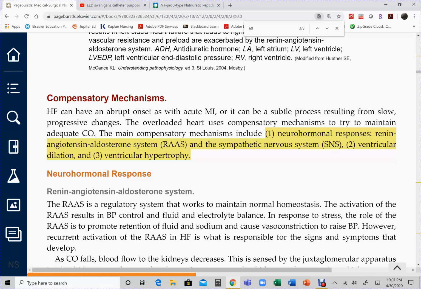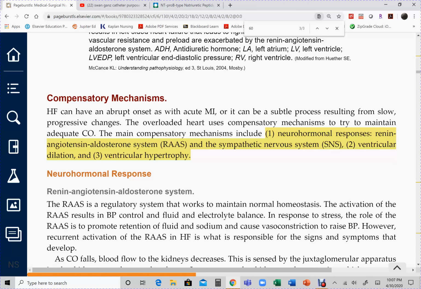This is automatic. There doesn't have to be a long pause or a long time before the compensatory mechanisms kick in. So the moment the kidneys sense low circulating blood volume, or the baroreceptors in the kidneys sense that blood pressure is low, this will automatically trigger the start of these two compensatory mechanisms.